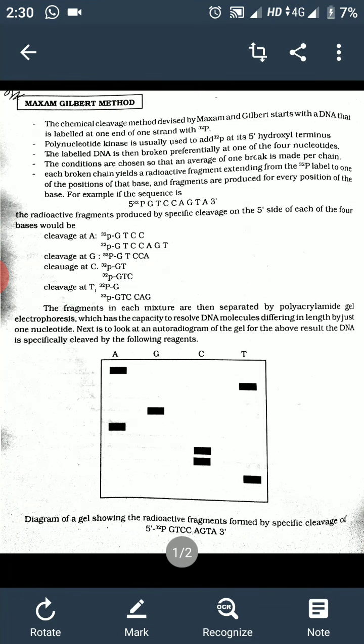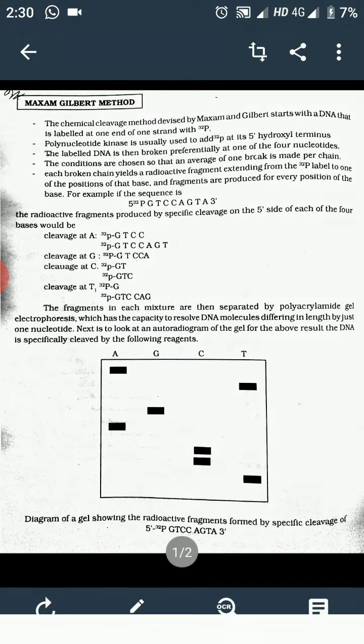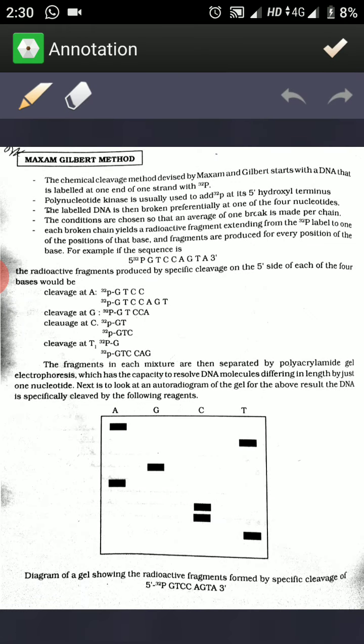The chemical cleavage method devised by Maxam and Gilbert starts with a DNA that is labeled at one end of one strand with phosphorus 32. First of all, DNA is labeled with P32.